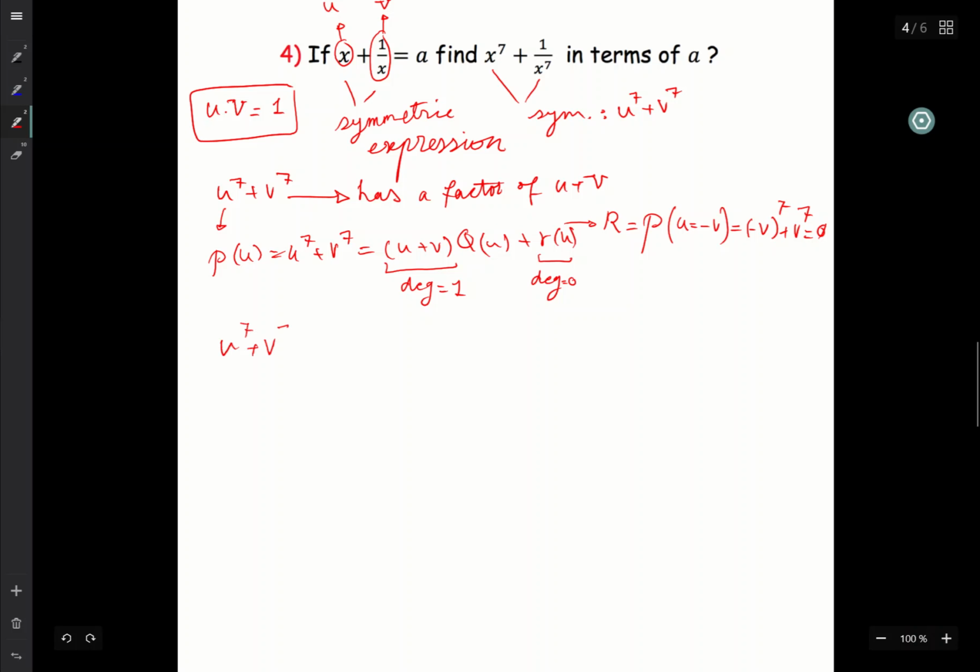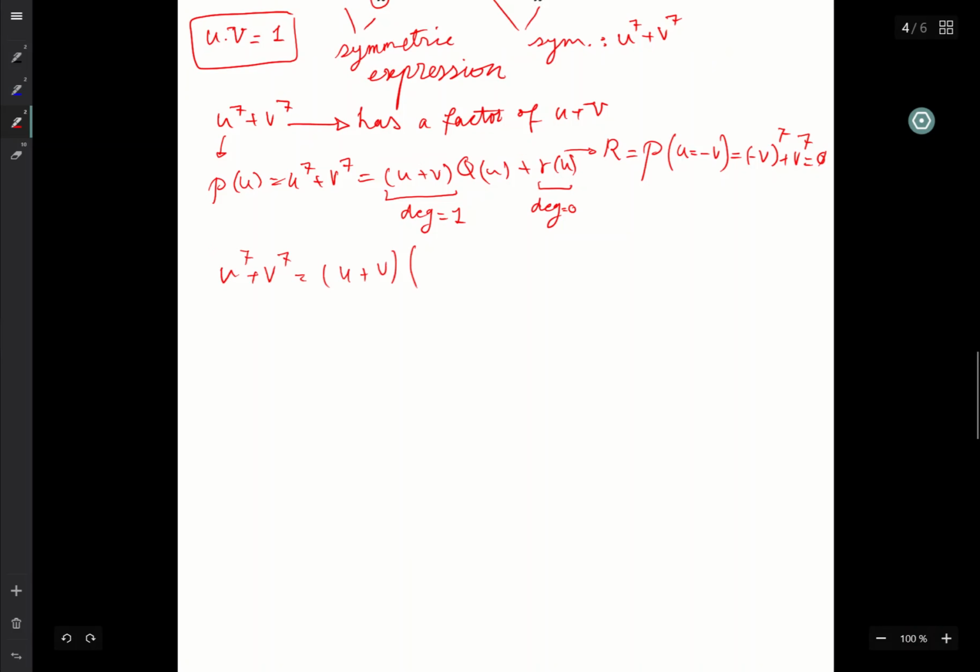u to the 7 plus v to the 7 is equal to u plus v times... This is like a polynomial division. Our variable we're assuming is u. So u is assumed here to be our variable of the polynomial. So if I divide the highest degree u to the 7 by u, I end up with u to the 6, and then you multiply by this, u to the 7 plus v u to the 6, and subtract it from the whole thing, which is v to the 7.